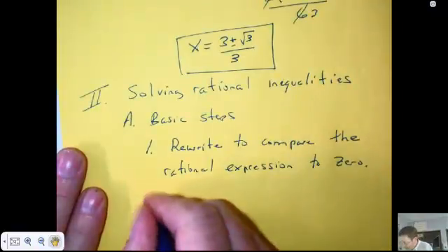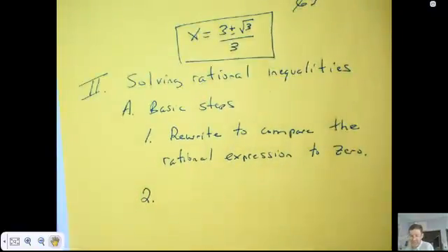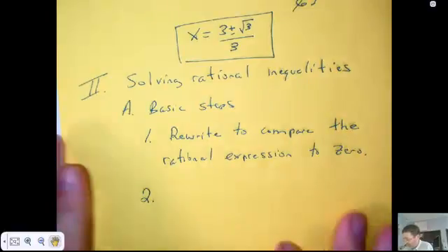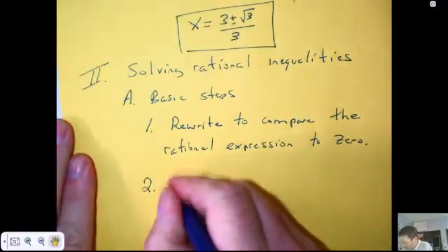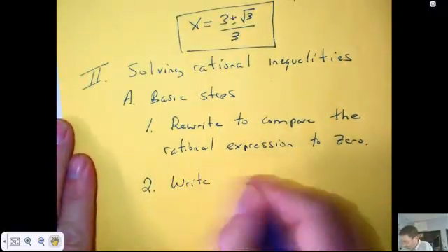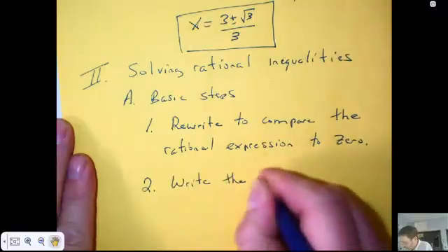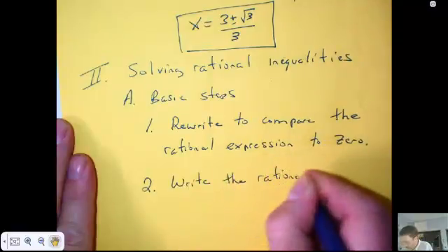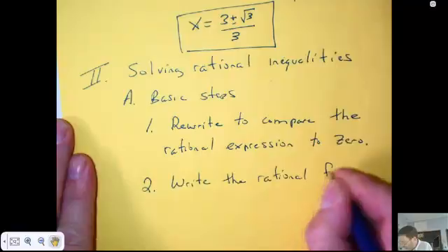The second thing that helps a lot is to write it as a single rational function, not separate fractions added or subtracted.